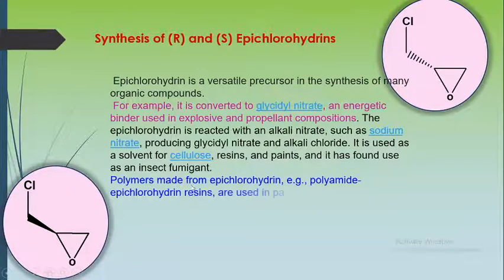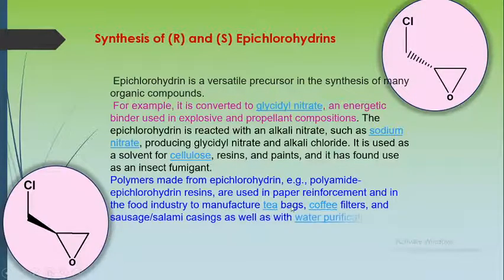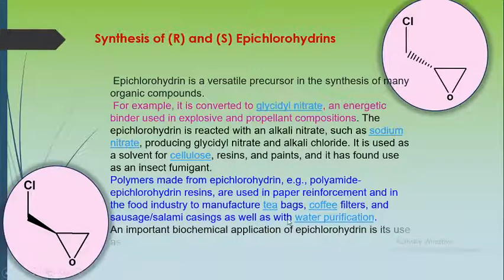Polymers made from epichlorohydrin, for example the polyamide-epichlorohydrin resins, are used in paper reinforcement and in the food industry to manufacture tea bags, coffee filters and sausage casings, as well as in water purification.